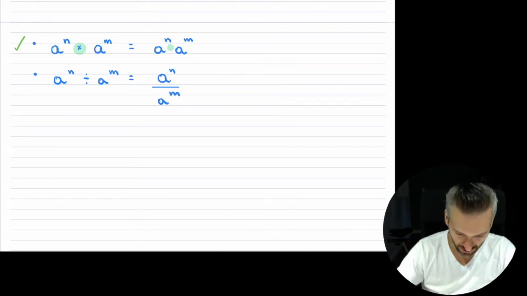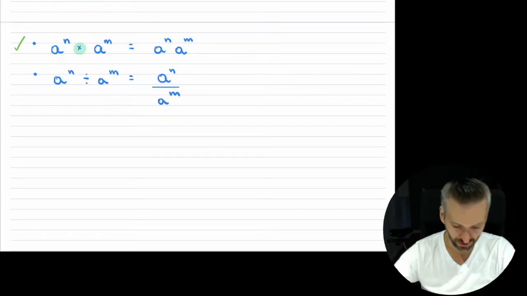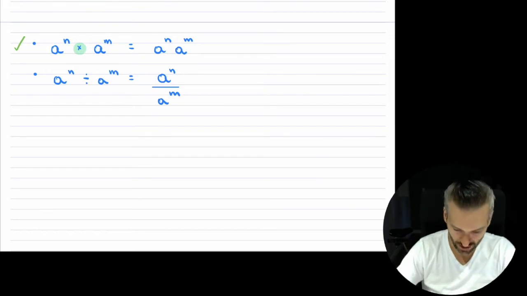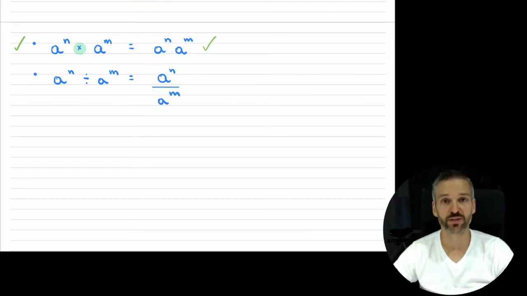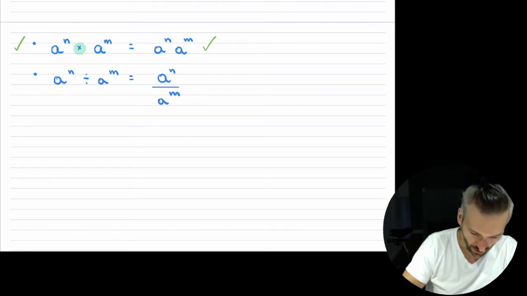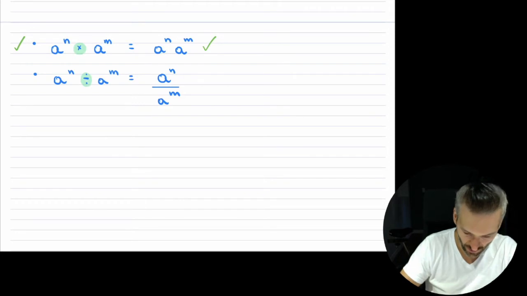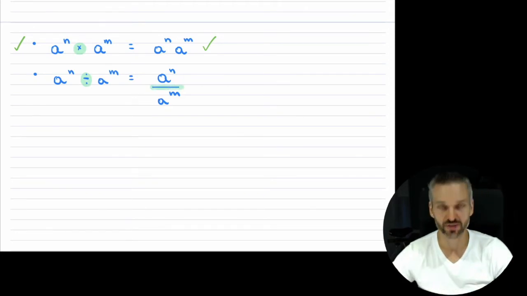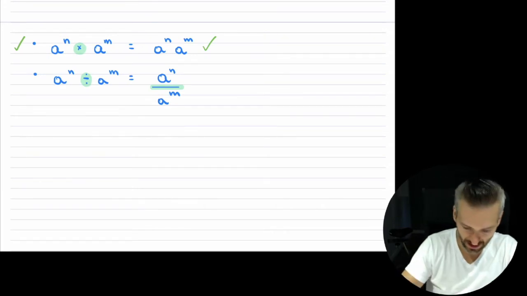So very often you're not going to see a multiplication, and all you're going to see is it written in this particular format. The same thing happens with division. When you have division, very often we write the division between different factors with exponents simply by the fractional division symbol. Those mean exactly the same thing.